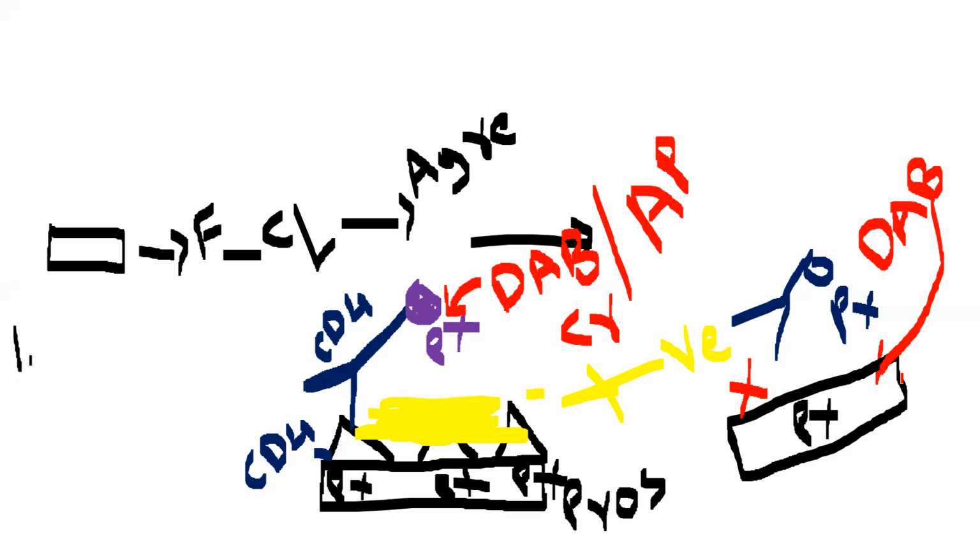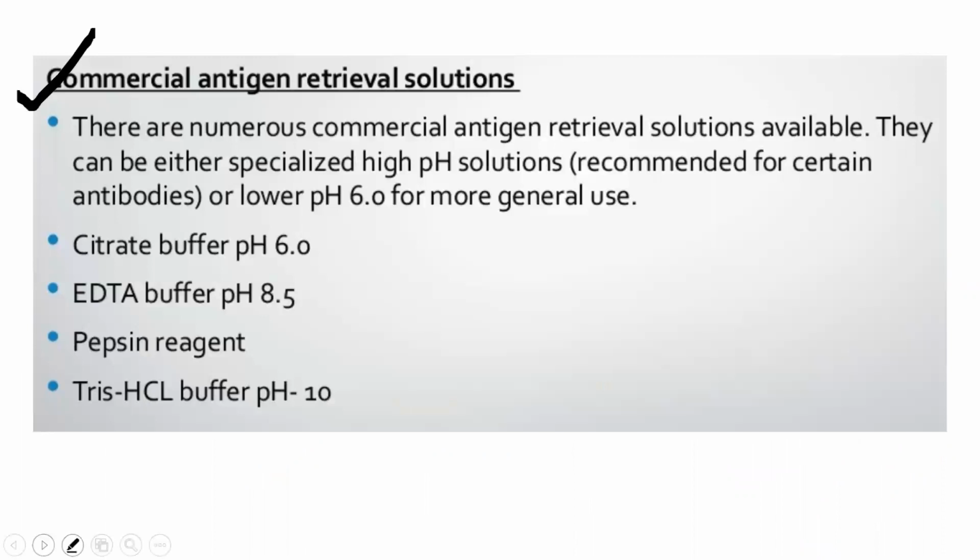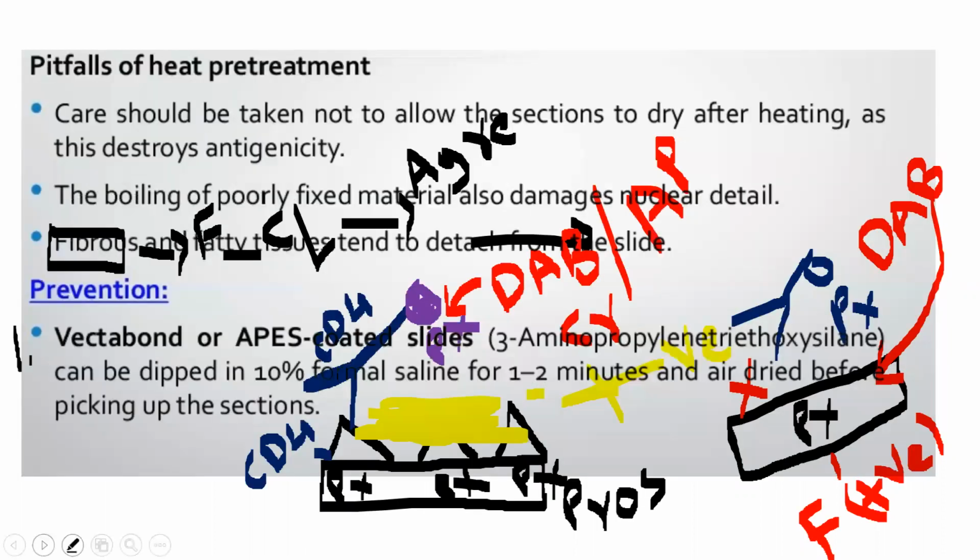It will react with the peroxidase present in the tissue and give a false positive result to my test. This is the problem. That is why we must block endogenous tissue enzymes. We need to block the endogenous enzyme activity. So that is why we have one important step, which is the blocking of endogenous enzymes.